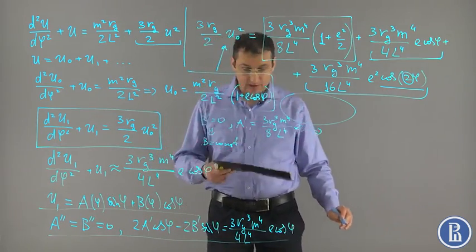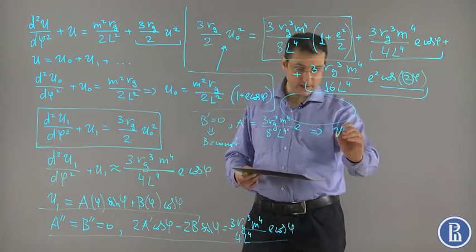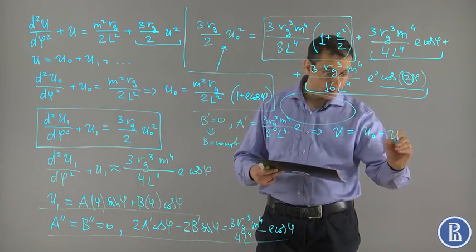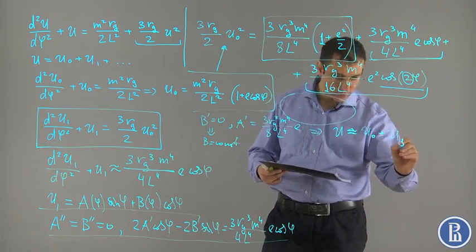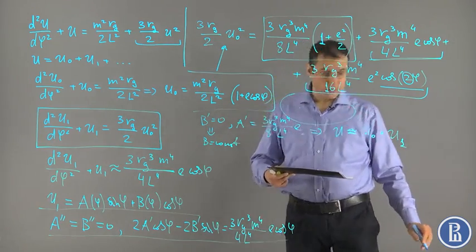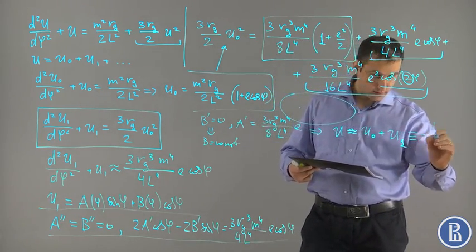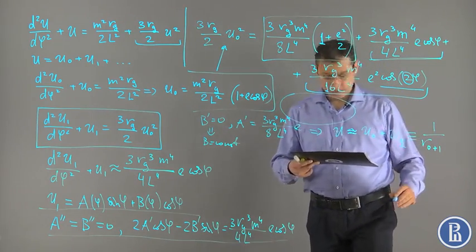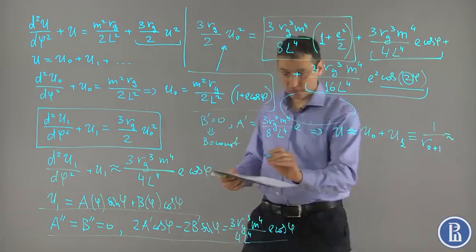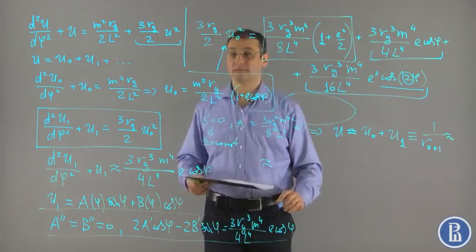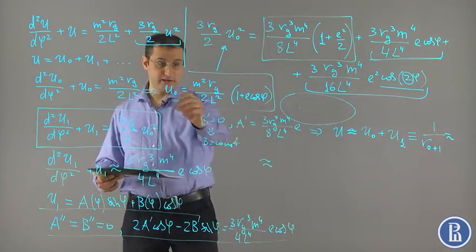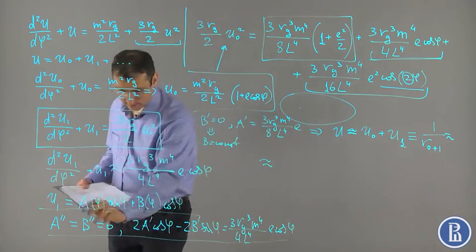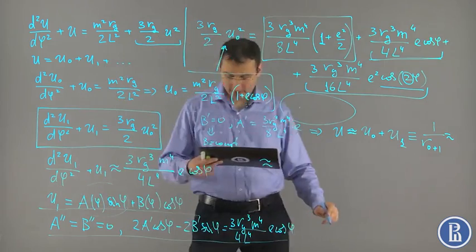So as a result, we obtain that U at this approximation, which is U0 plus U1, which is just 1 over R in the 0 plus first contribution, is approximately equal to the sum of this plus this contribution with A(phi) that we have found.